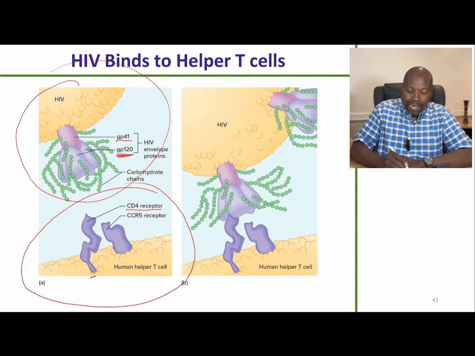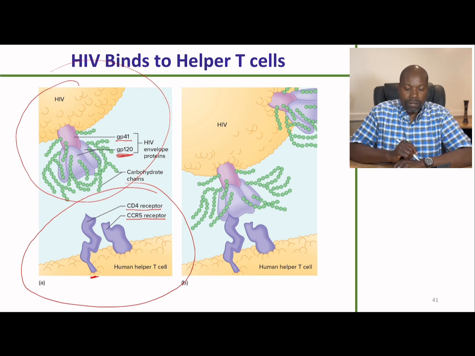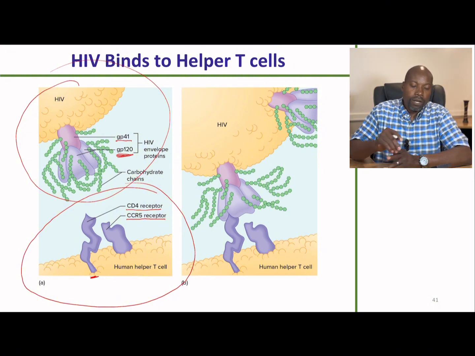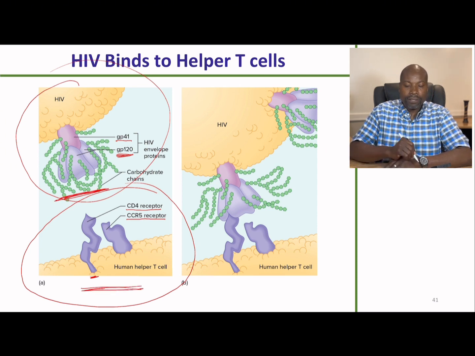okay? So that is the protein on which GP120 is going to attach. And now here is another one, CCR5 receptor or co-receptor. That CCR5 is going to help the attachment of the HIV virus on our own cells.